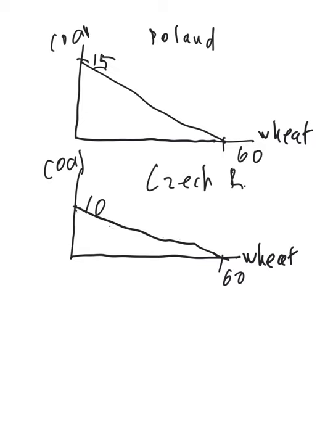Well, that's the country that has the slope that is flatter than the other one, because wheat is on the horizontal. So comparative advantage in wheat goes to the Czech Republic. So 73 is B. And it sort of has to be that way, because if one country has the comparative advantage in coal, the other country by definition has to have the comparative advantage in the other good, which in this case is wheat.